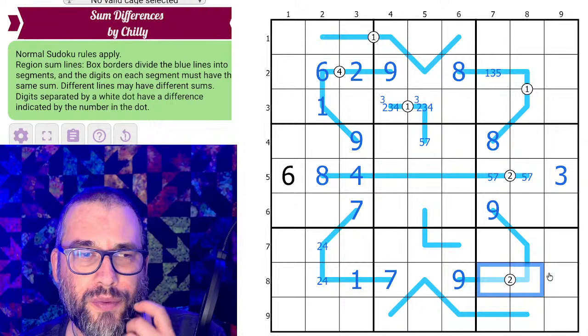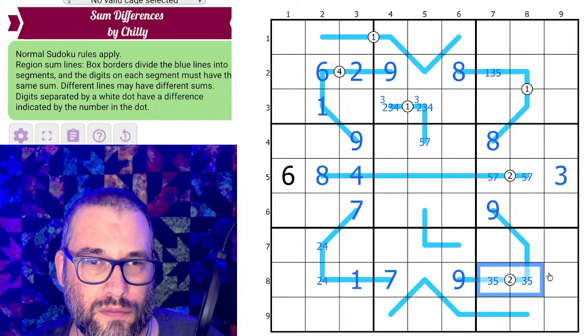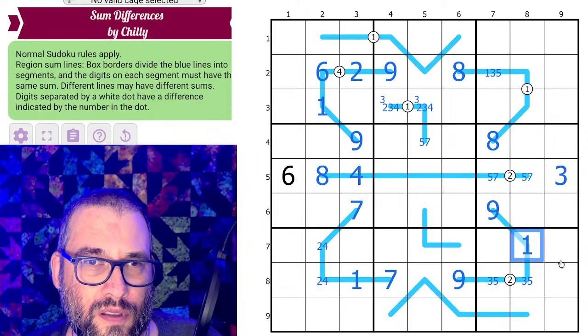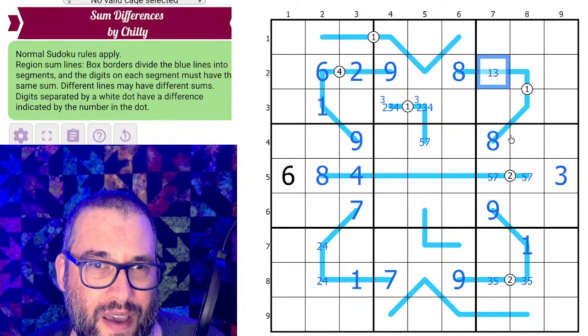This is just 3, 5, isn't it? So that's a 1. So this can't be a 5 anymore.